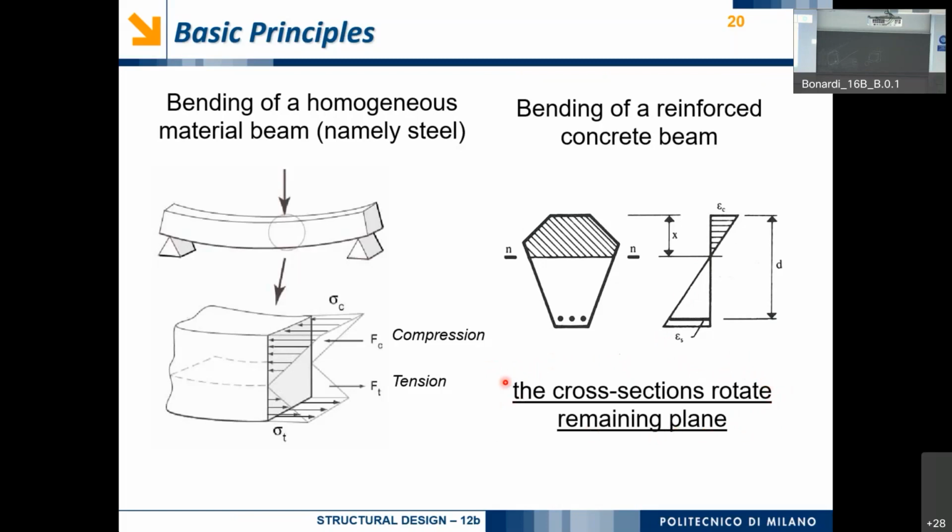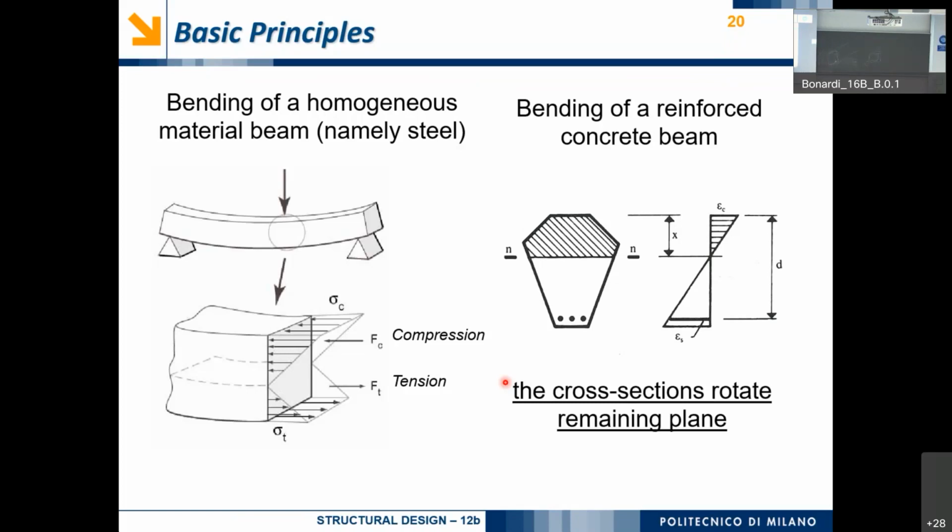What does it mean? That whatever the solicitation, in this case bending, the cross sections rotate, but they remain plane. They do not warp. They do not deform in their transversal cross section. So in this case, it is just rotating. And if we consider that previously there was the beam, imagine we are cutting it.